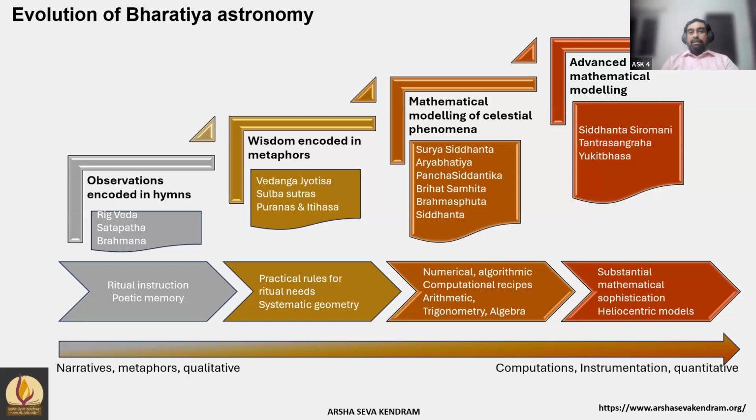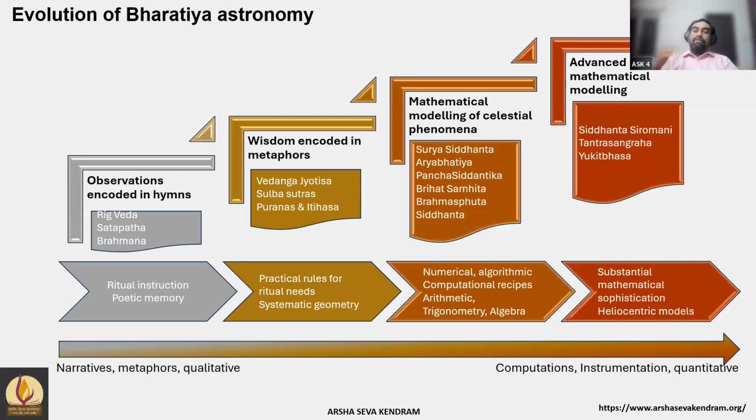And then we started a little bit more of a mathematical modeling of the astronomical phenomena. You can see that the Siddhantic works, which we will talk about later, dealt with astronomical events and their mathematical treatment very rigorously. We saw that certain mathematical formulas and rules were laid out in order to explain these phenomena.